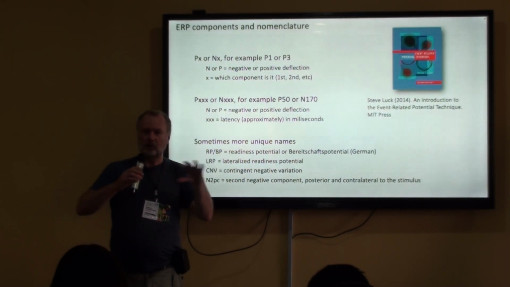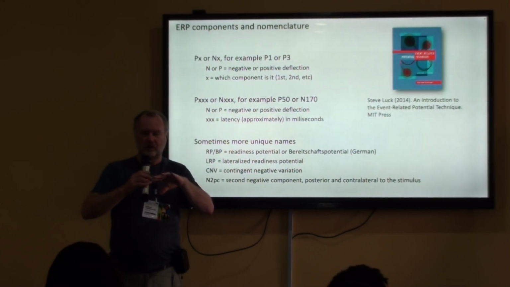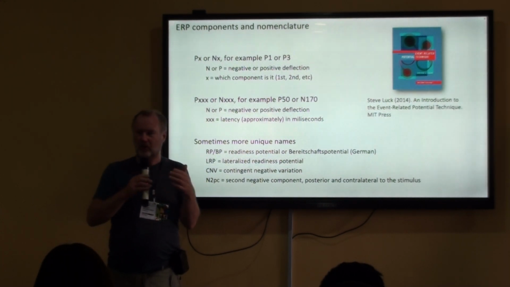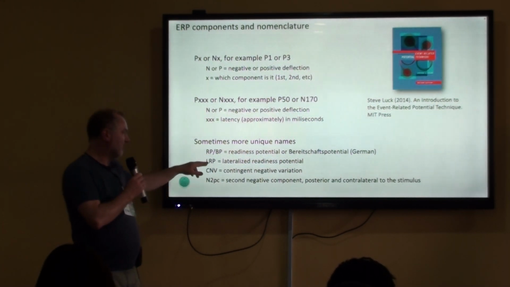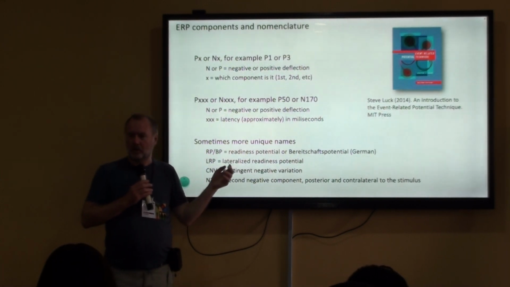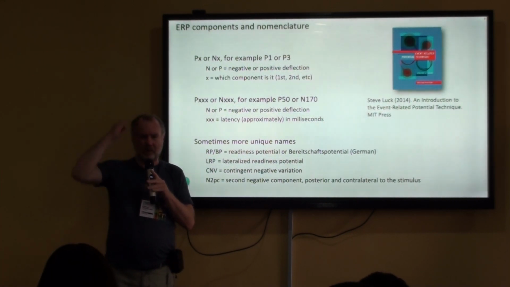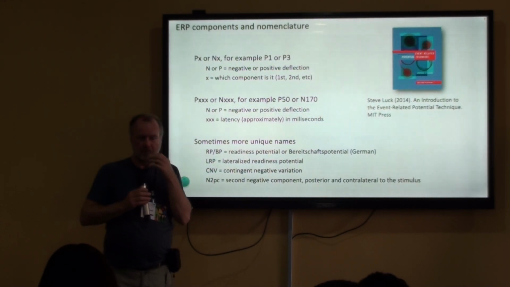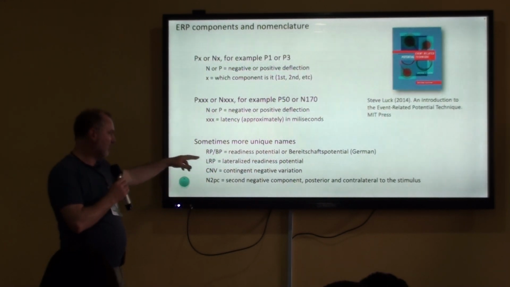And if you subtract those two conditions, the general planning, which is the same for the left and right hand, cancels out, and then you get a lateralized readiness potential, where the left hand planning is executed by right motor cortex and right hand planning is executed by left motor cortex. So these are the tricks that we use to get these components.